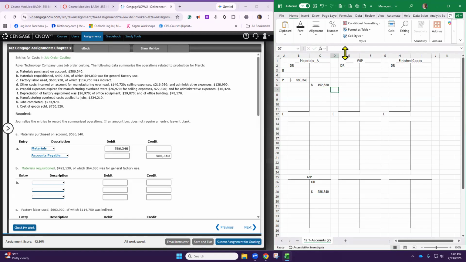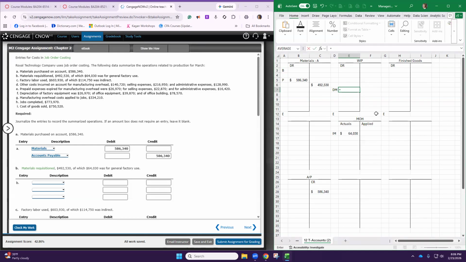So a certain amount of this is direct materials, and we'll do manufacturing overhead here. Remember, actuals and applied. We're going to have indirect materials come in here, and the indirect materials is $64,030. Then we need an amount that will go in here in direct materials.